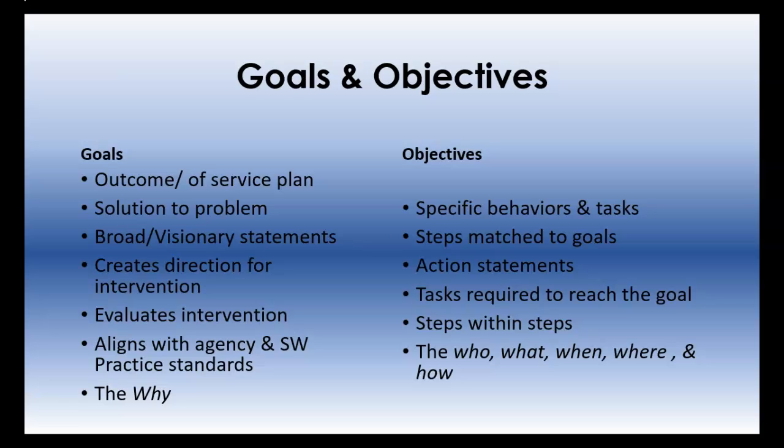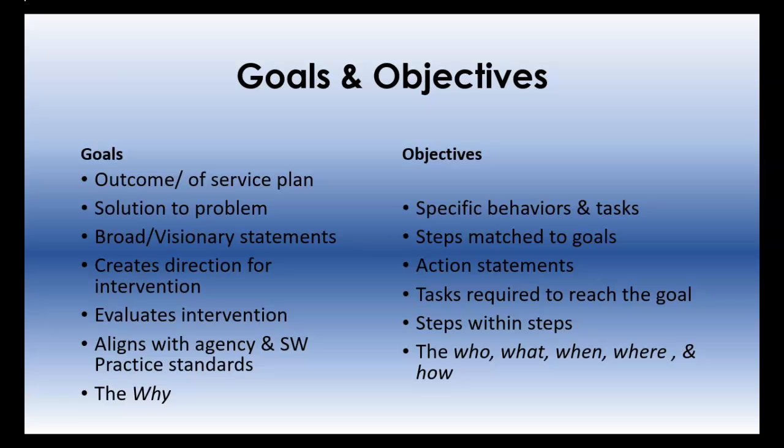An example of that would be a broad goal that I could have for myself: to pass the licensure exam. One objective I would list for that is to study for the licensure. That would be an objective to that goal.